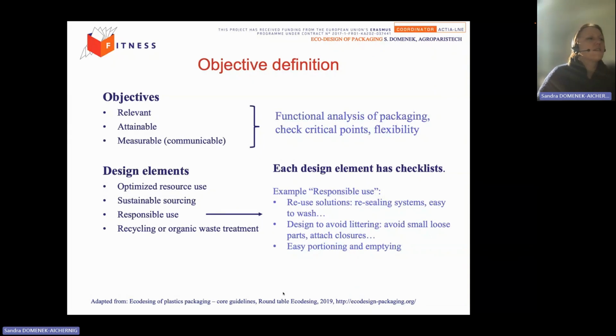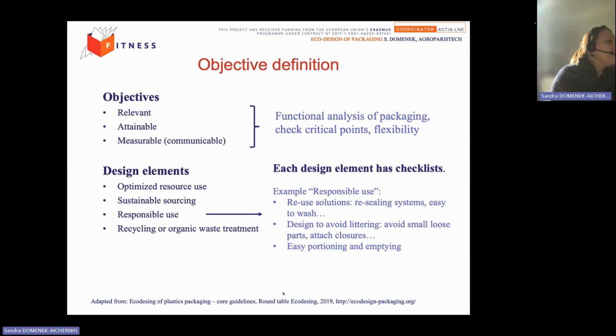Check the critical points of the packaging from the technological side, from the practical side. Check the flexibility of your critical points, because sometimes decreasing quality can help you to decrease the environmental impact.